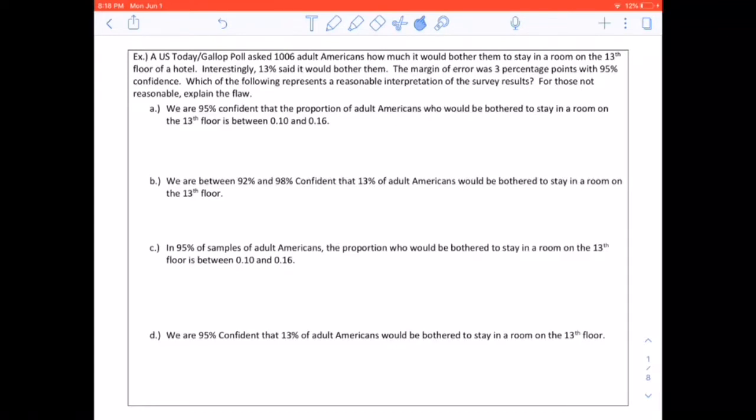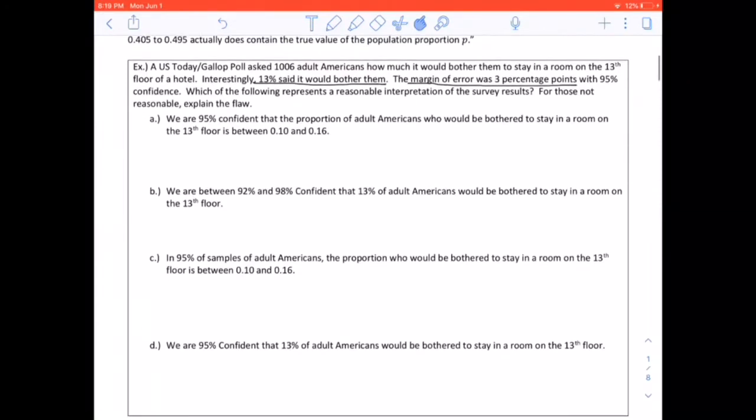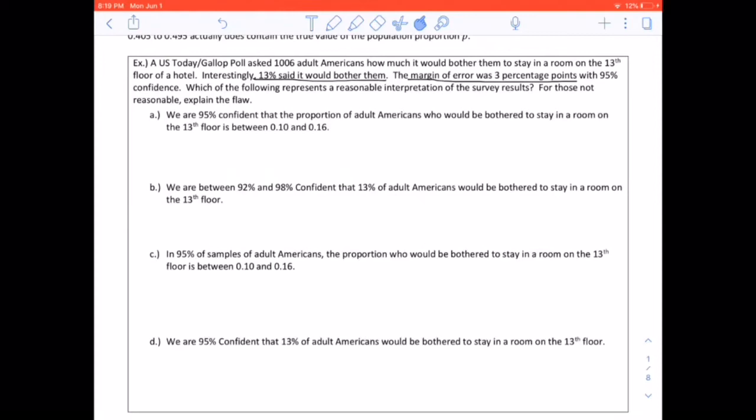The easiest thing to look for first is the ones that are incorrect. This problem says that 13% are bothered to stay on the 13th floor in a hotel room, and that the margin of error is 3 percentage points. So what exactly does it mean when it says the margin of error? Well, it's like a plus or minus.